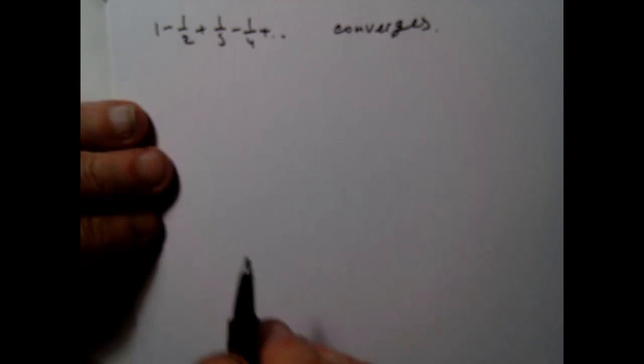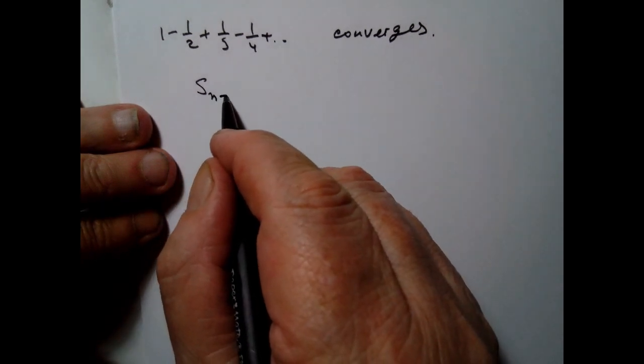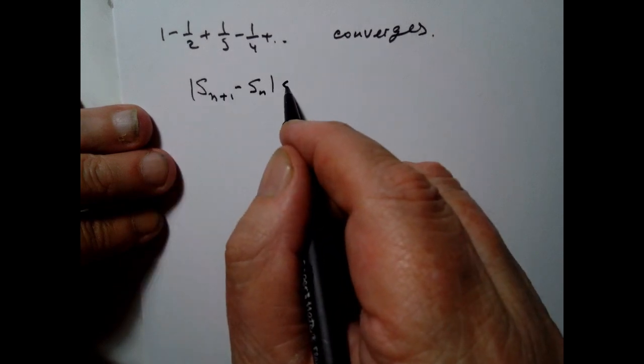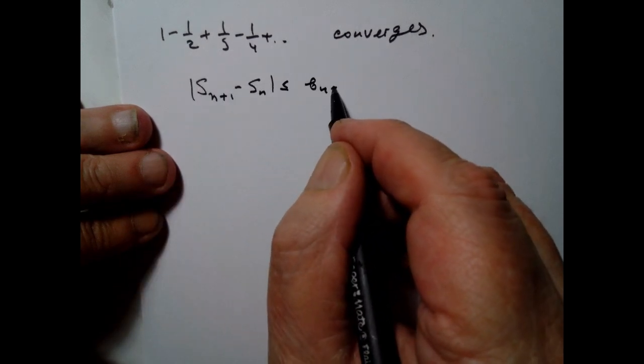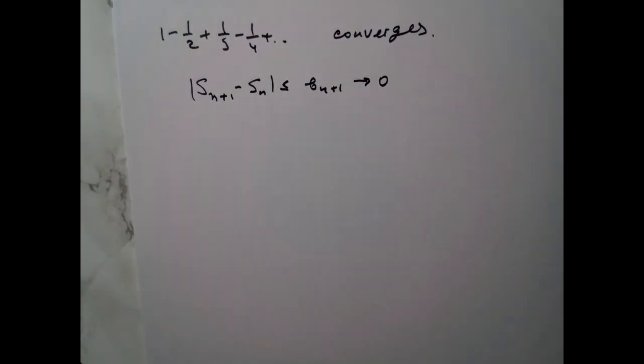I don't know what it converges to, but once again I'm going to conclude that convergence is very, very fast, because the difference between Sn plus 1 and Sn is less or equal than that number bn plus 1, which converges to 0. So the convergence of the series is about as fast as the convergence of the sequence bn.